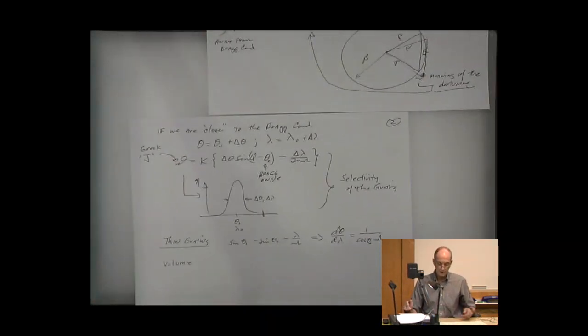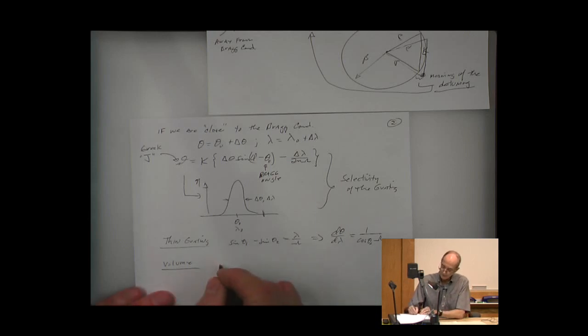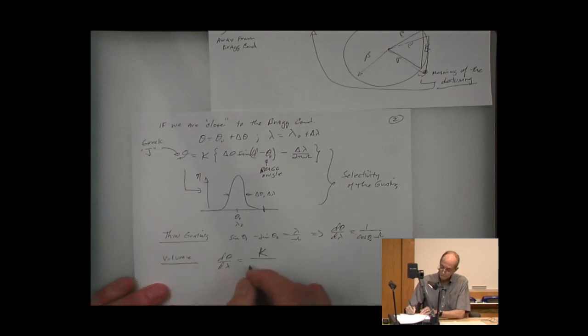And so for the volume grating, we end up with a different relation. Here we have d theta d lambda equal to K, the magnitude of the grating vector, over 4 pi n sine of phi minus theta.